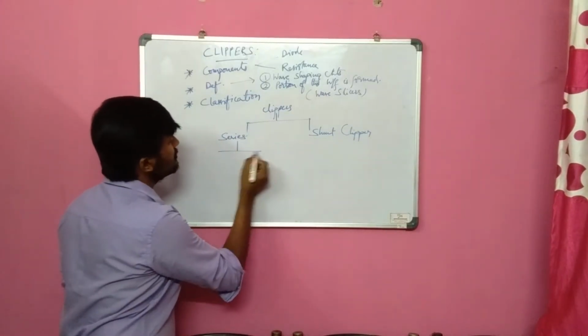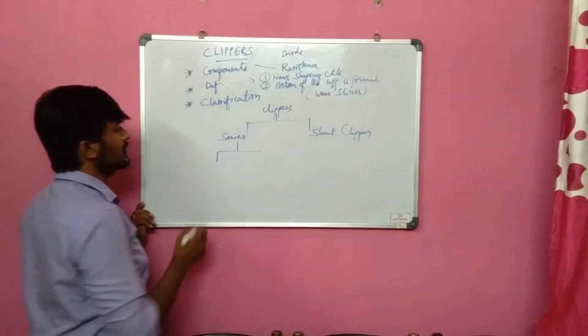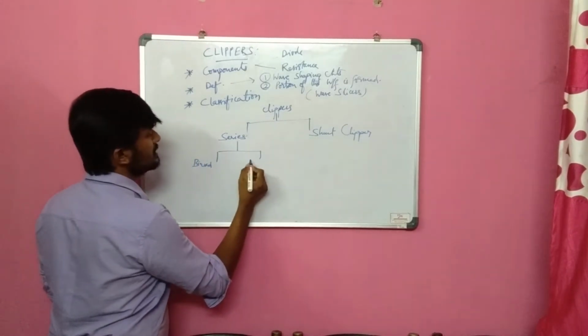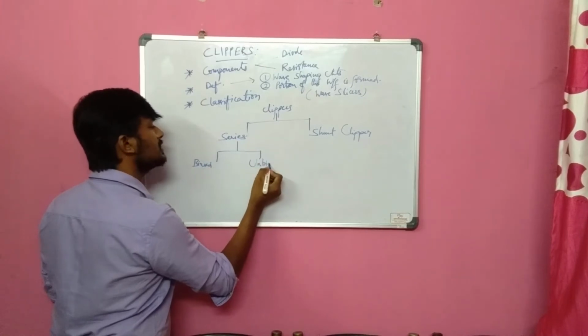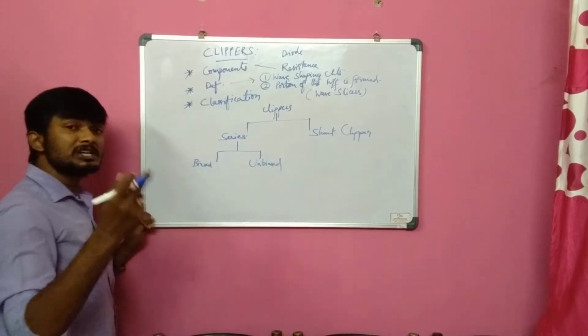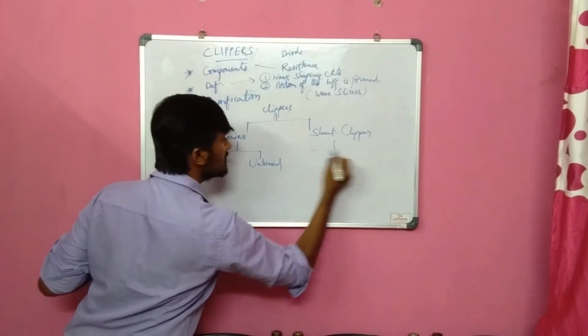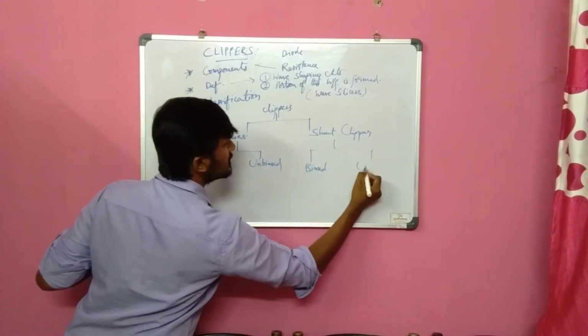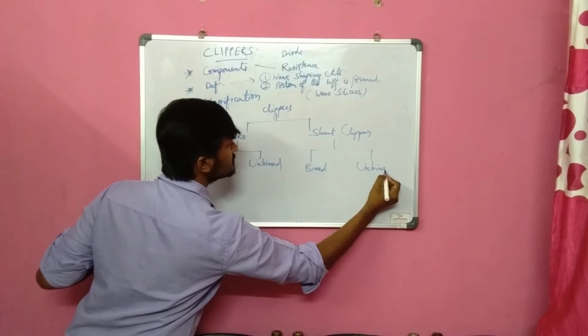The series clipper is again divided into 2 types, biased and unbiased. Similarly, the shunt clipper is also divided into the same classification, biased and unbiased.